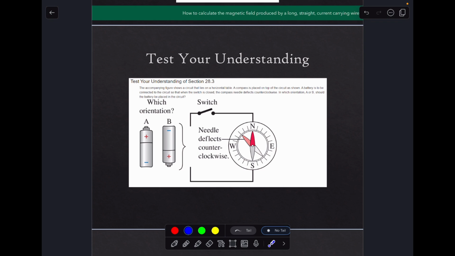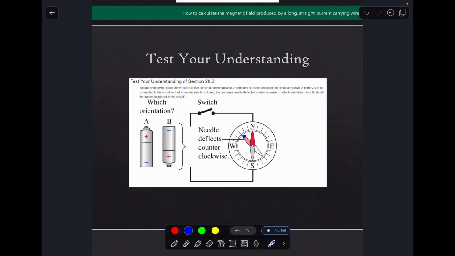So the question is, when you plug in one of those batteries, which one would give you a compass needle pointing this way, in the light pink direction? So what is this direction here? Well, this is what the compass is measuring before any current flows. This is going to be the direction once the current starts flowing.